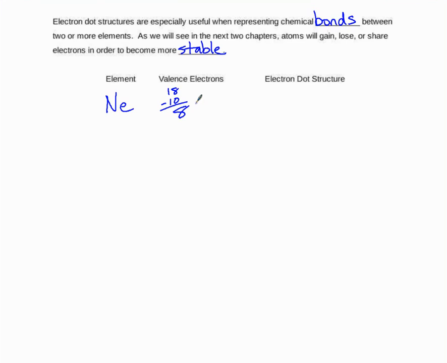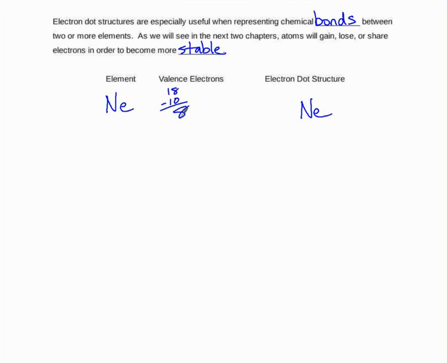Now, when I draw the electron dot structure, I start with the atomic symbol. The atomic symbol represents the nucleus and all of the electrons that are closer to the nucleus. So this represents the nucleus and everything except the valence electrons.